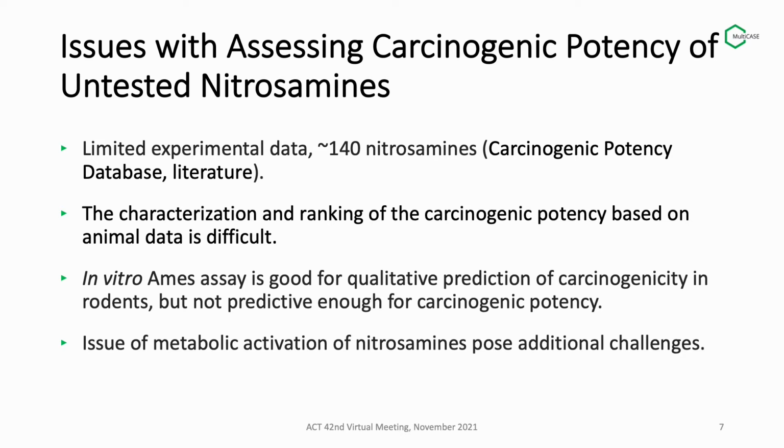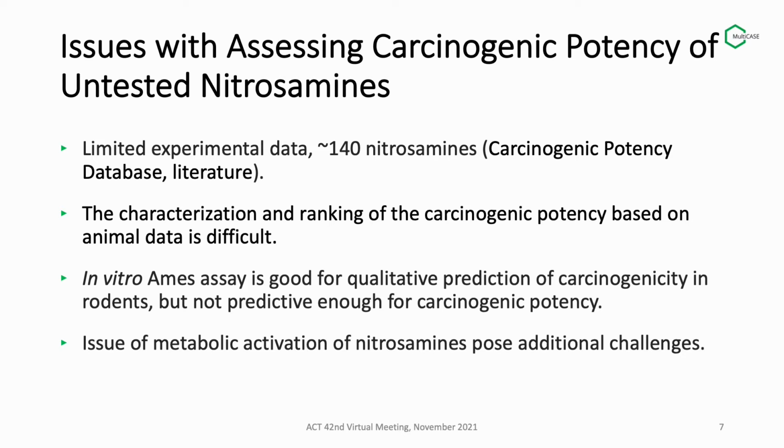And the characterization and ranking of the carcinogenic potency based on animal data is difficult. If we are talking about the Ames mutagenicity test, this is a good test for finding out if a compound is going to be carcinogenic in rodent or not, which is a qualitative measure, but it is not going to be predictive enough for finding out the potency of the nitrosamine in humans.